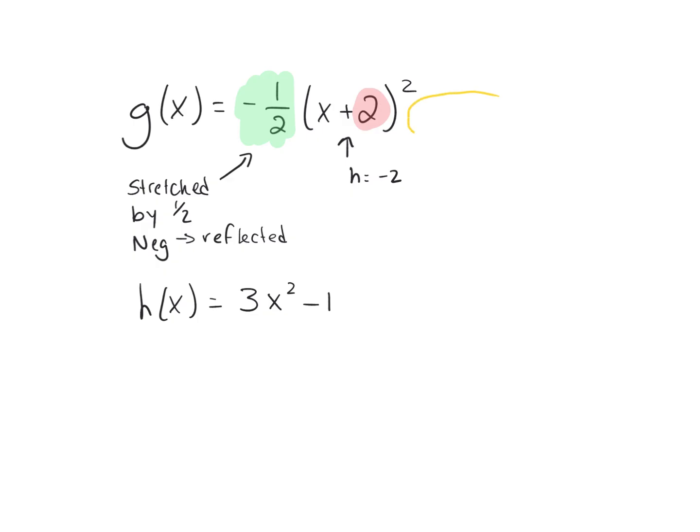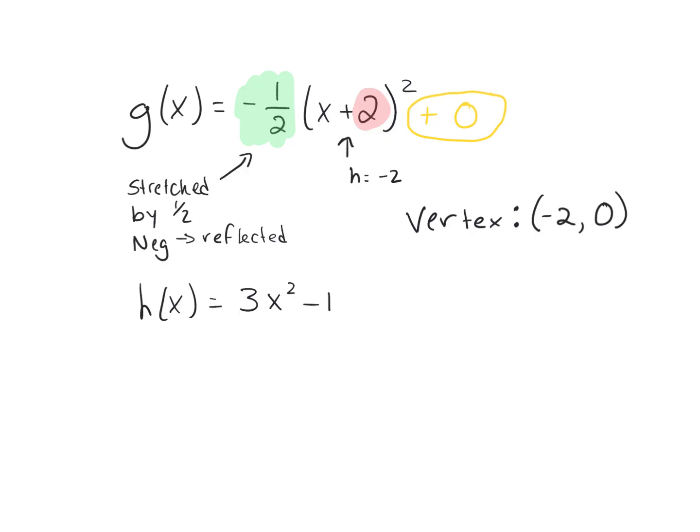I do not have a k value, so that means that my k value is +0. This isn't being moved vertically at all. So what does that mean for us in terms of our vertex? Well, it means that our vertex, we've moved 2 spaces to the left, so our x value is going to be -2, and we did not move up and down at all, so our y value is going to be 0.